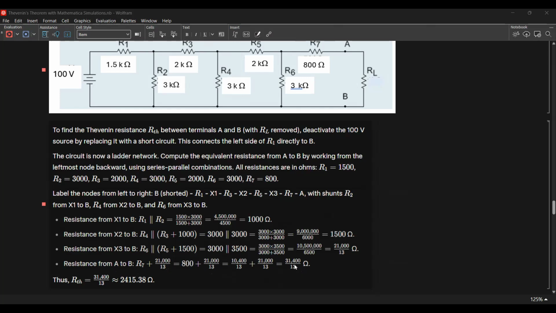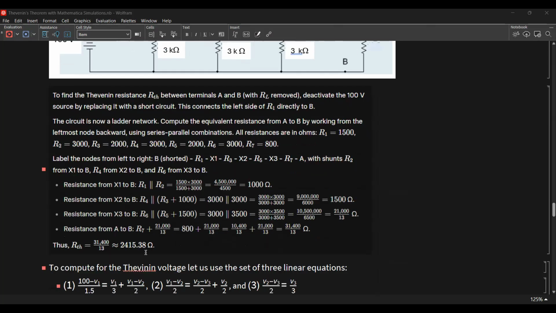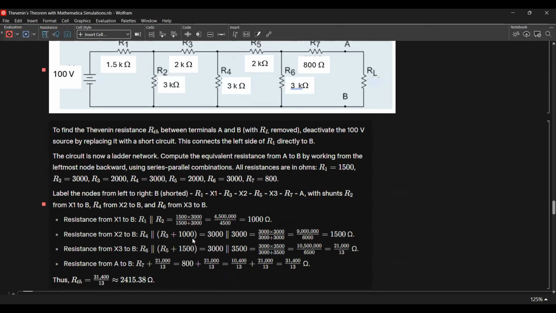So this is equal to 31,400 over 13 ohm. So approximately the Thevenin resistance is 2,415.38 ohm.